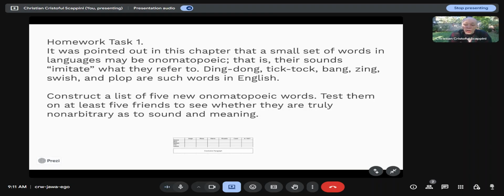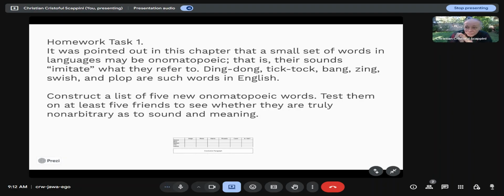What is the task? Construct a list of 5 new onomatopoeic words. By new, it means choose whatever you want. Any language will do. Okay? So, not creating a new one, but collecting words. And then test them on at least 5 friends. By friends, it means people who do not know anything about linguistics.